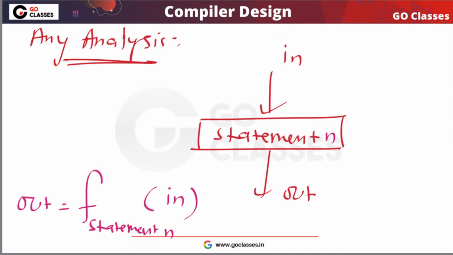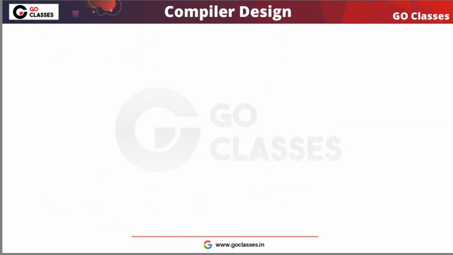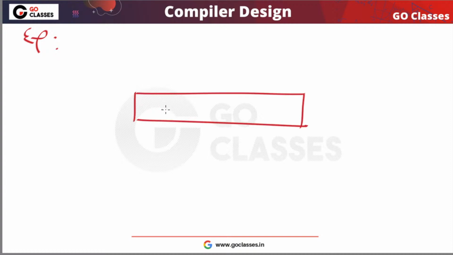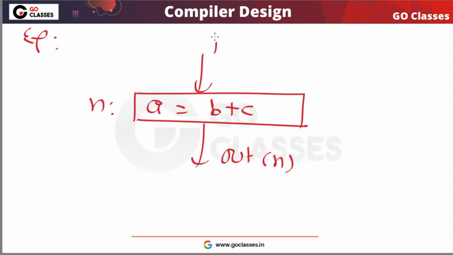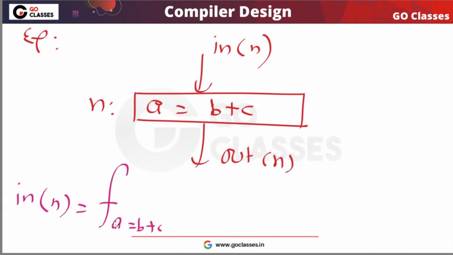Are you getting this point? For example, let us assume you have a equal to b plus c. Now this is your out of n, and this is your in of n. In of n is a function that depends on this statement and on this out.